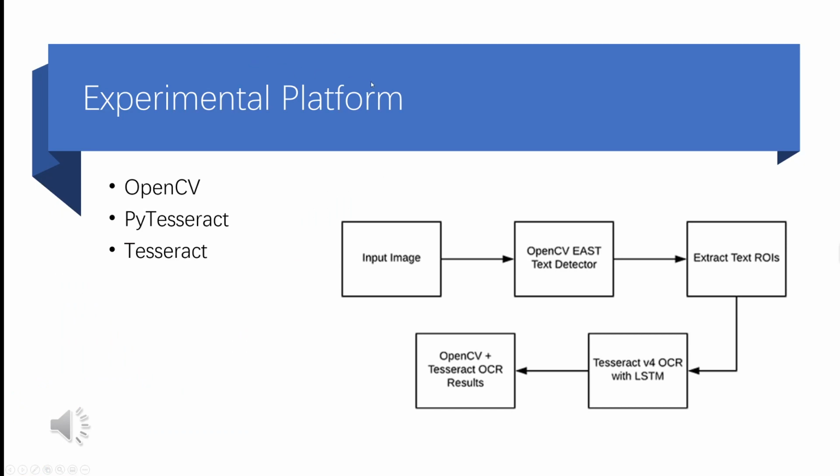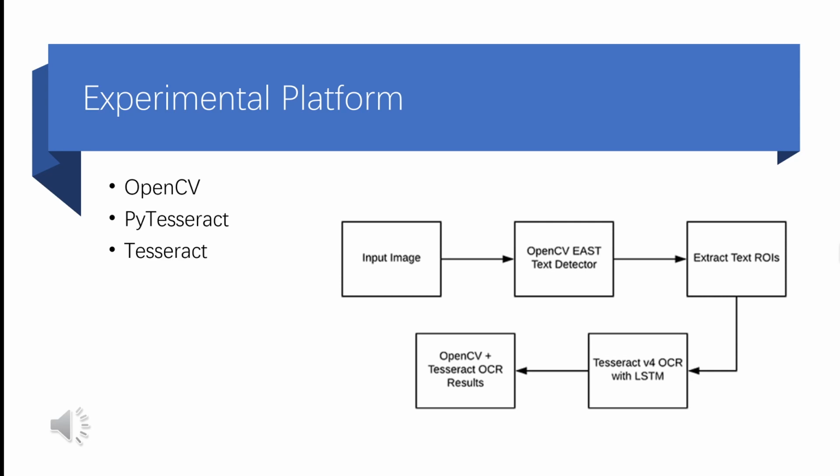In this project, I will use OpenCV, PyTesseract, and Tesseract for automatic OCR of number plates. OpenCV, its full name is Open Source Computer Vision Library. It's an open source computer vision and machine learning software library.